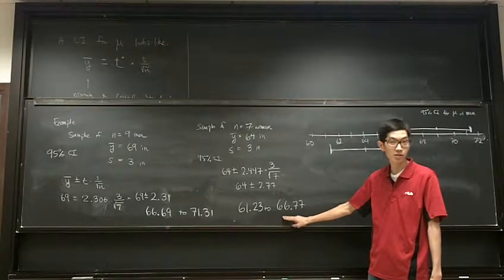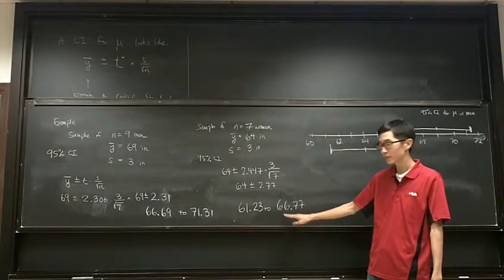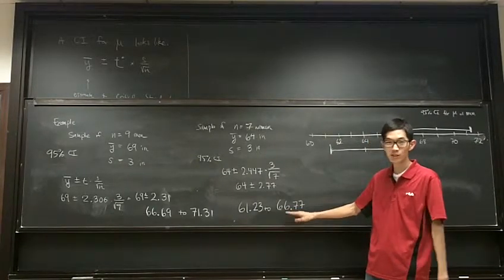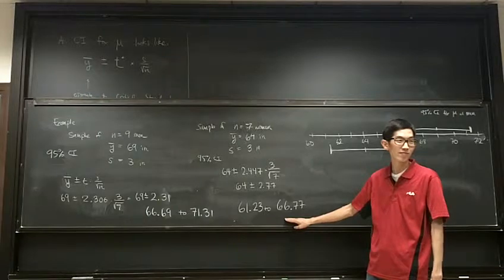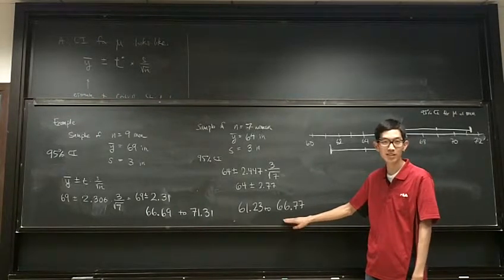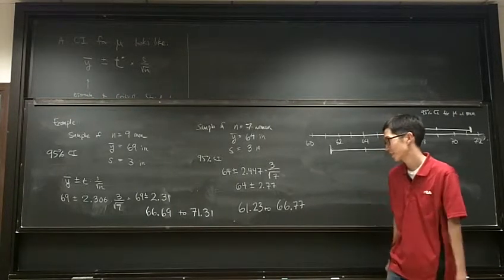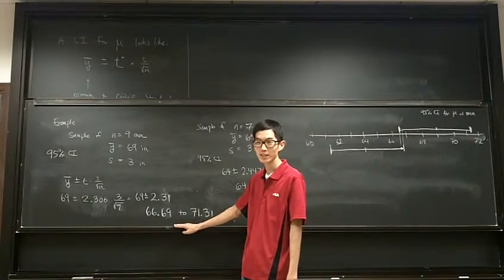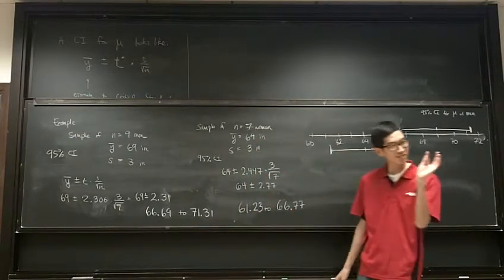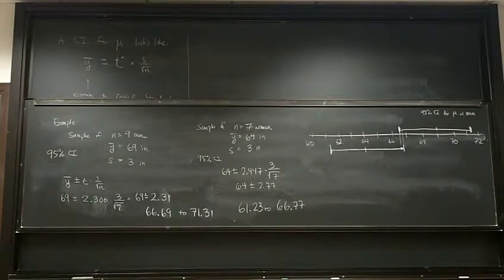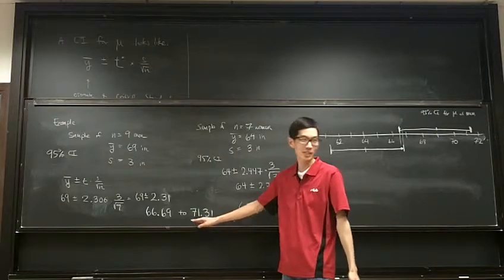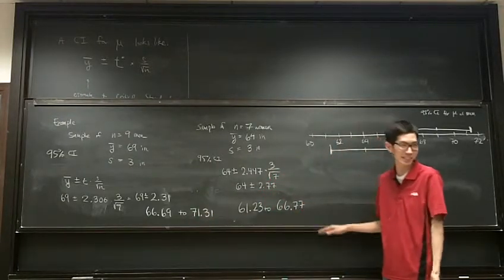Yes, because 70 inches is not in here. Does this provide evidence that the mean height of women is not 66.7 inches? No, because 66.7 is in here. Does this provide evidence that the mean height of men is not 66.7 inches? No. So there is some tiny sliver of possibility that the average height of men is 66.7 and the average height of women is 66.7.